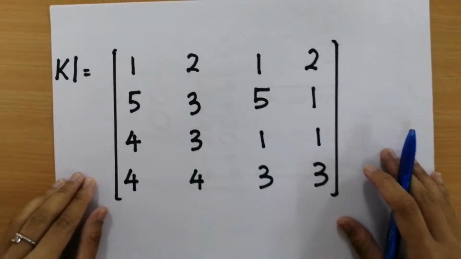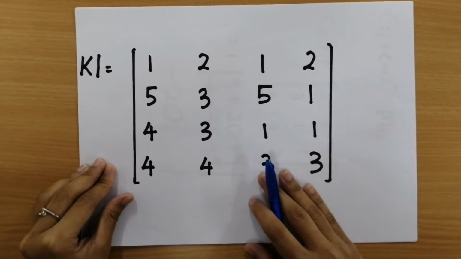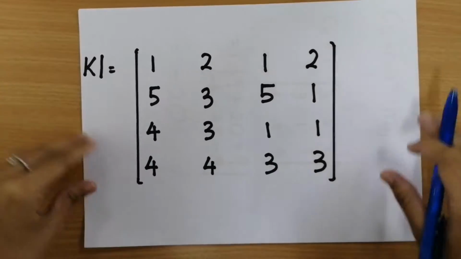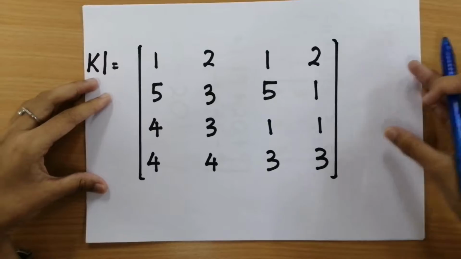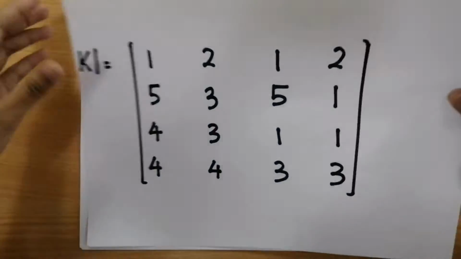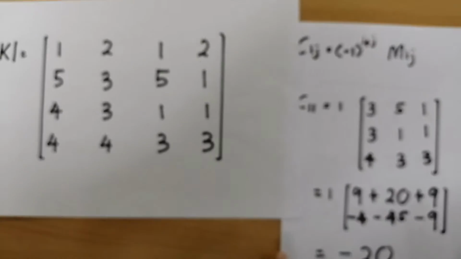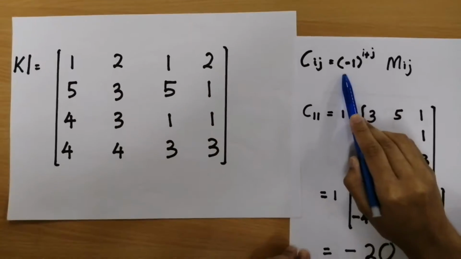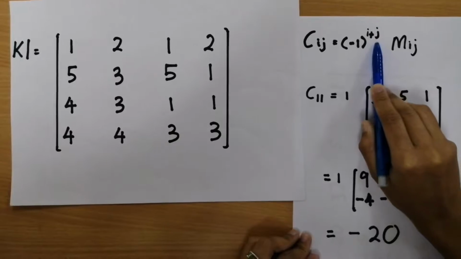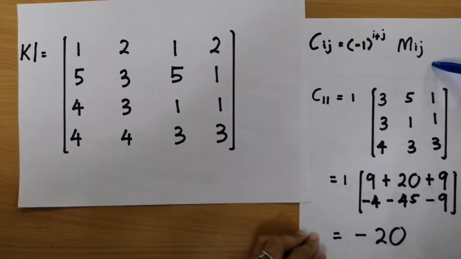Okay, this is the K1 matrix, which we solve using the adjoint method. This is a 4 times 4 matrix. First of all, we need to find the cofactor, which has the formula (-1) to the power of i plus j times Mij.